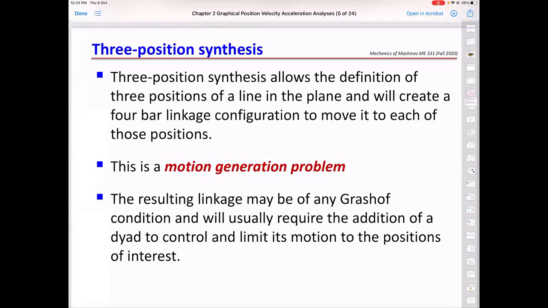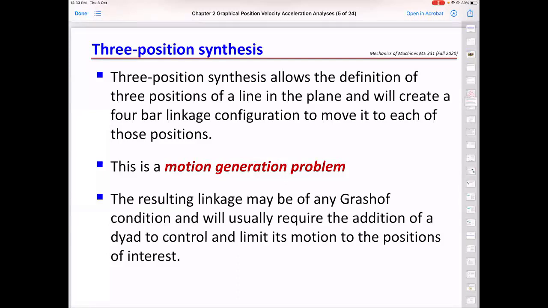In previous examples, we just discussed two positions, the initial and the final position of a link. But for accurate analysis, you need to consider intermediate positions as well. Intermediate positions could be one, two, or more than one.